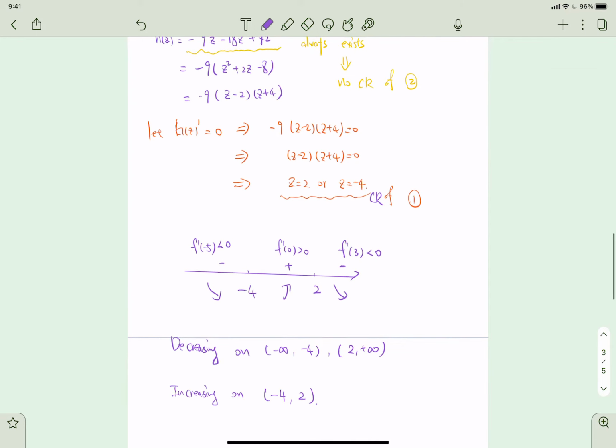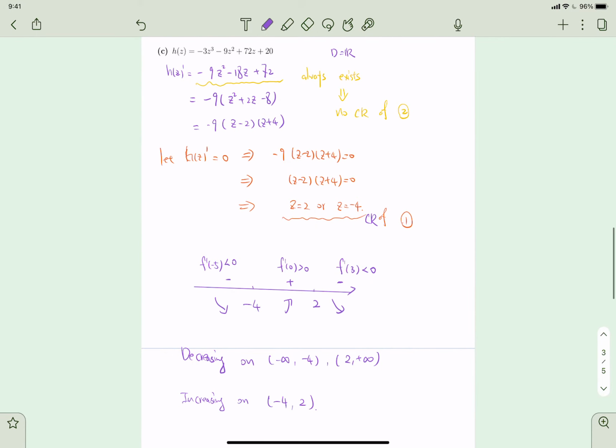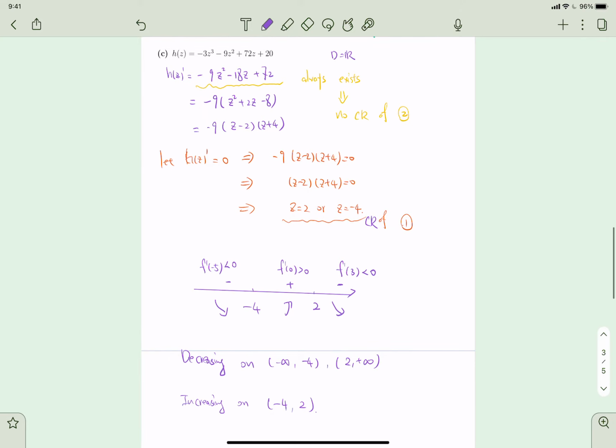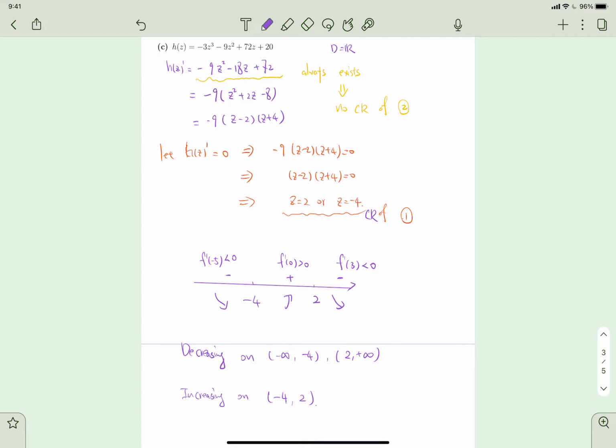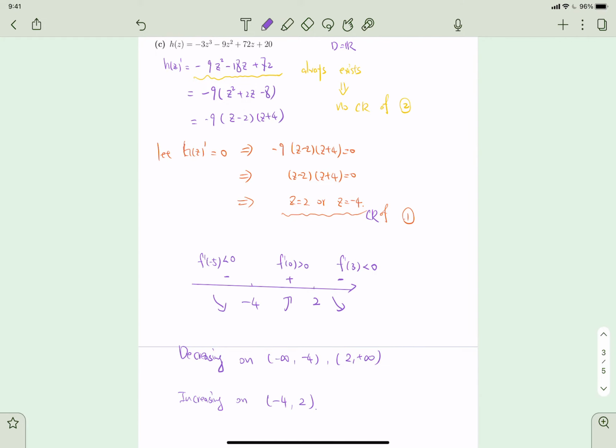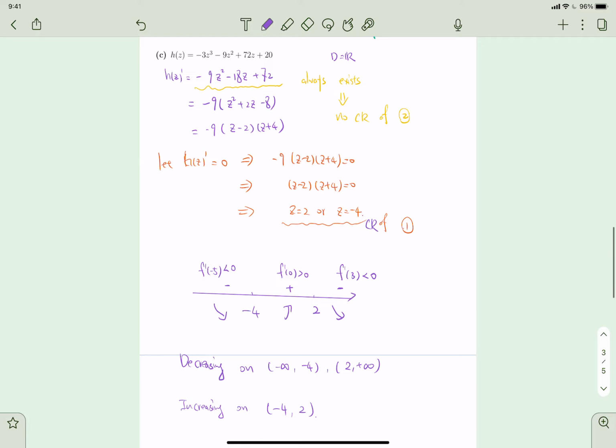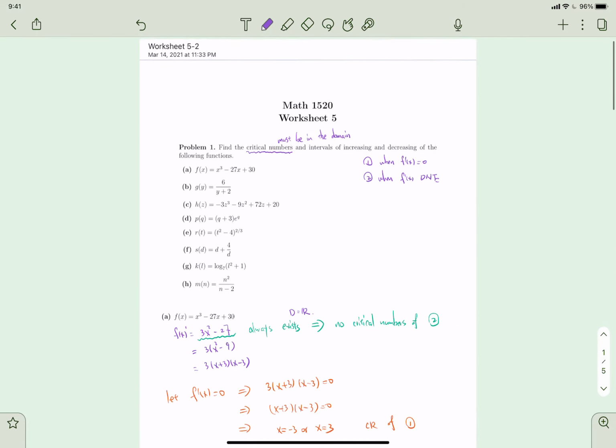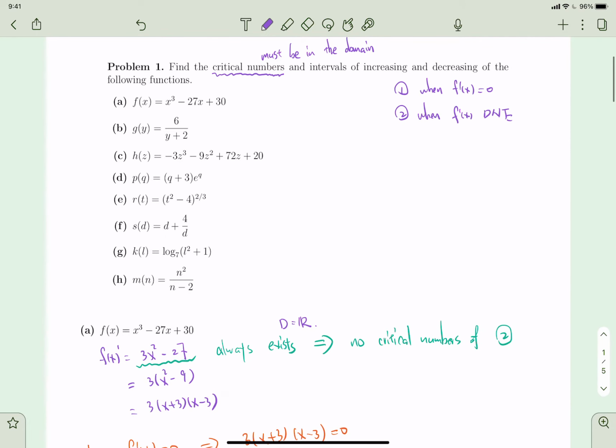Okay, very similar to the first question, question A. If you understand question A, you should understand this. Question C. It's no critical number of the second type, only critical numbers of the first type. So that is this. Now moving on to the next one.